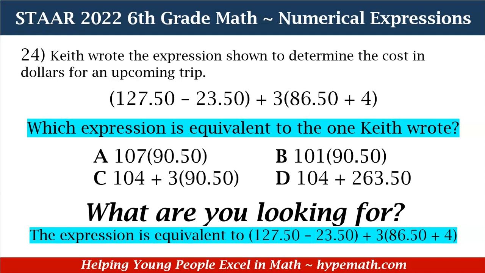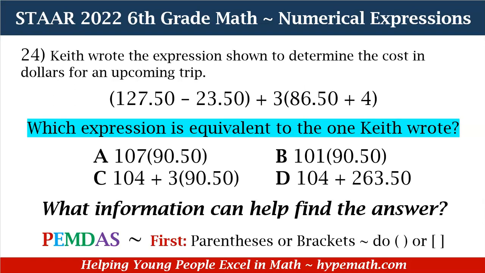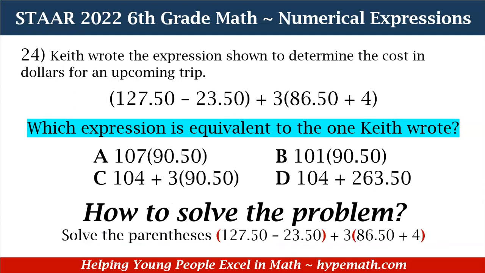Now that we know what we're looking for, our next question is, well, what information can help us find the answer? The information that can help us find the answer is that we are going to apply PEMDAS. And remember, the first thing is we are going to solve or compute what is in the parentheses or brackets. So how are we going to solve the problem? Let's solve it by, again, working or solving what is in the parentheses first.